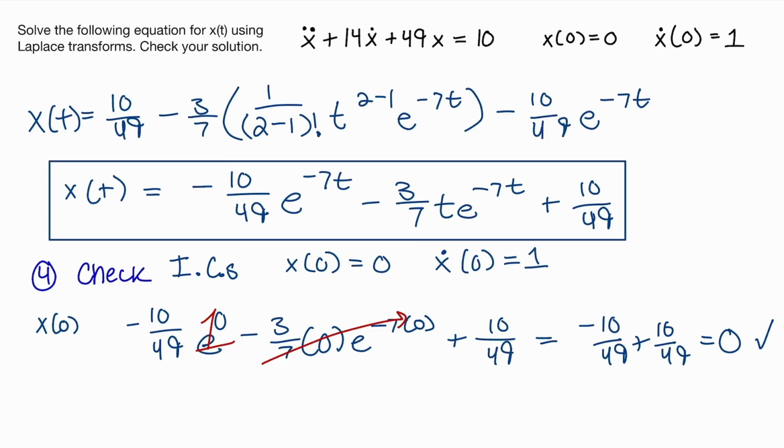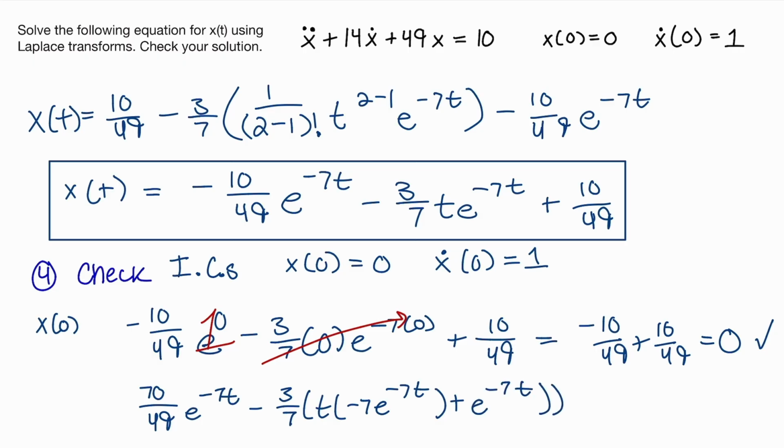Now it's time to do x dot. When you take the derivative of x(t) in terms of t, you end up with 70 over 49 e to the negative 7t, minus 3 over 7 times t times negative 7 e to the negative 7t, plus e to the negative 7t.